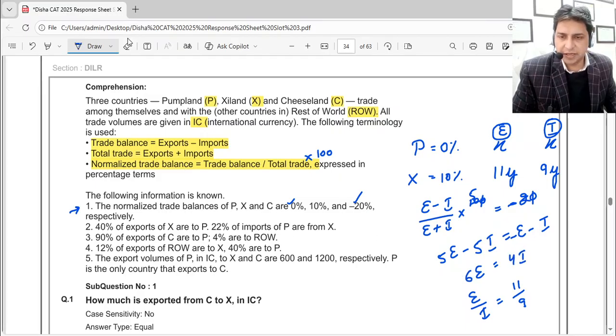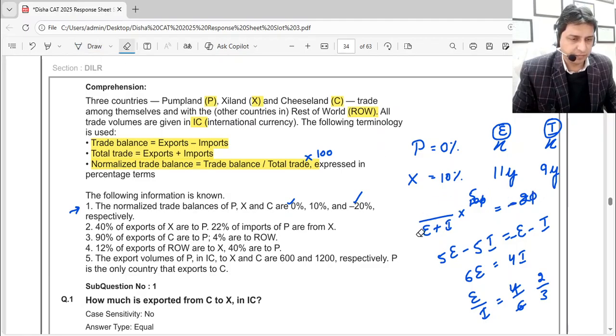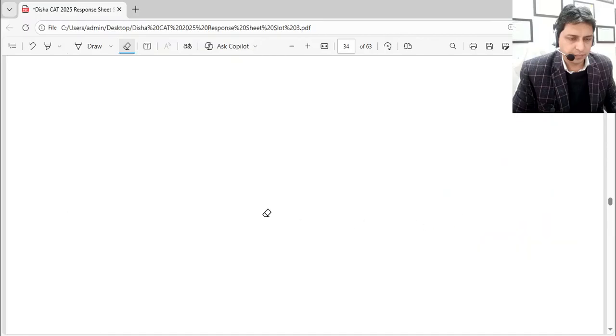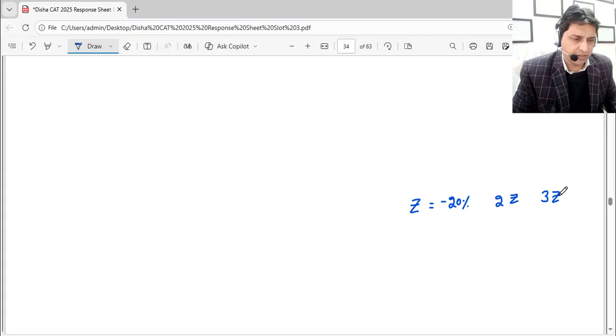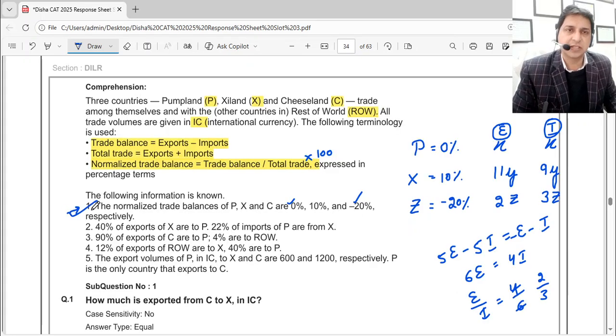Then E by I will become 4 upon 6, which is actually 2 by 3. So for Z, which is minus 20%, the exports are going to be 2z, let's say, and the imports 3z. This is the information that we get from the first point.